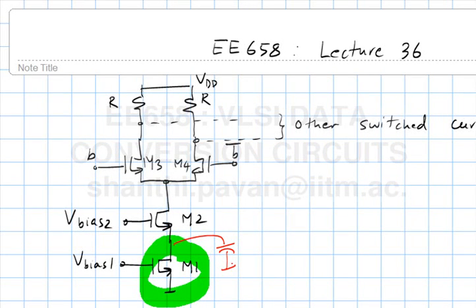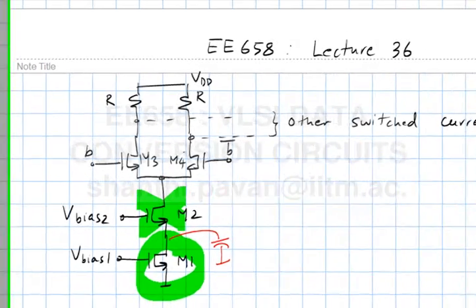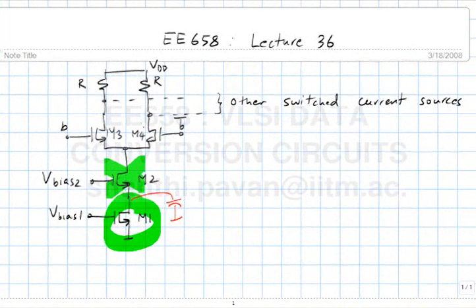And we saw the last time around that any parasitic capacitance at the switch node, if I did not have M2 and directly connected M1 to the current switch, then during the crossing of B and B bar, the inevitable glitch that would occur here would result in a large displacement current in the parasitic capacitance at this node. So one strategy is definitely to try and minimize the glitch.